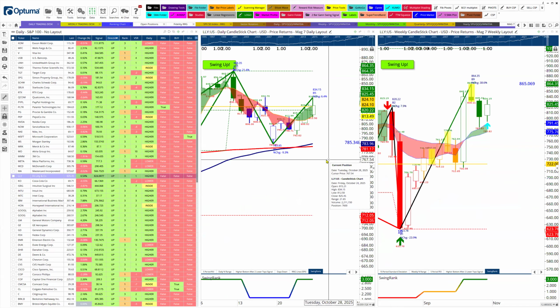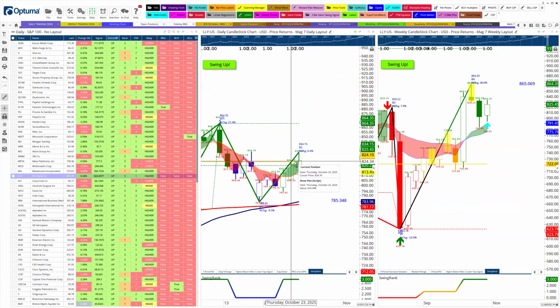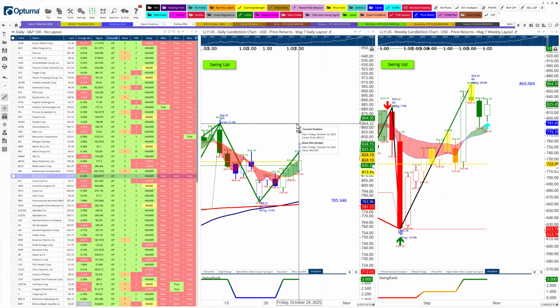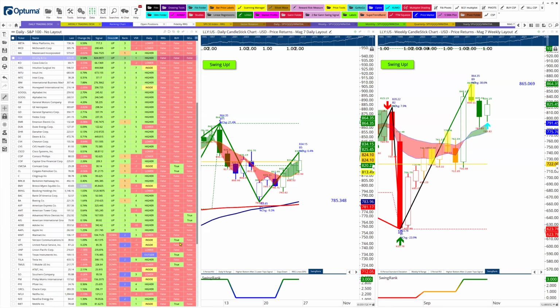This one triggered probably yesterday on Eli Lilly, so this might have potential. That's a pivot right there. 864. Swing is up. So it changes. These are different buys.